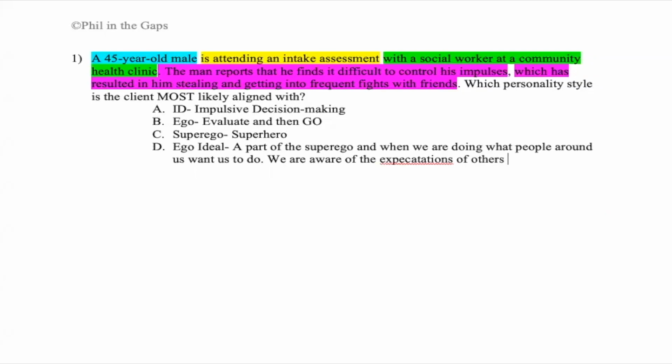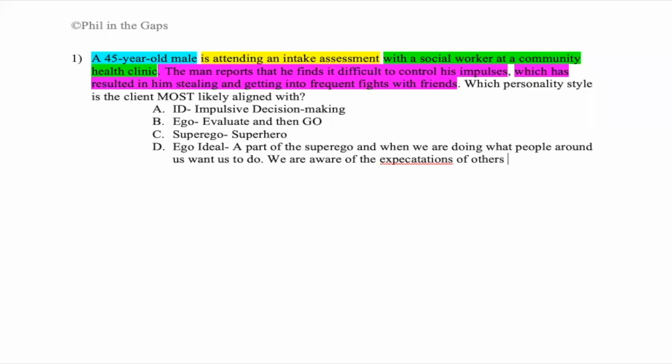So let's look back at the question to see what we're looking at in particular. Quick review: 45-year-old male, that's our client, attending an intake assessment. Any length of time, hop on top of it because it helps paint the picture, with a social worker at a community mental health clinic. So that is who we are and where we are at. The man reports he finds it difficult to control his impulses, which has resulted in him stealing and getting into frequent fights.